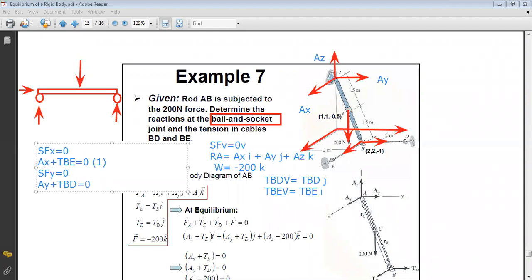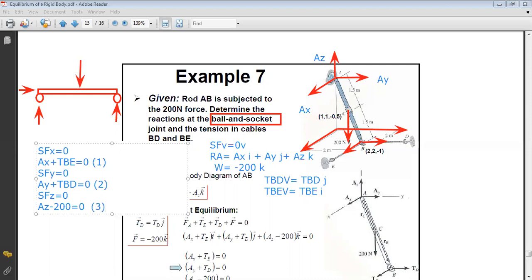This is my equation number 2. Now my third equation is along Z. Sum of forces along Z equals 0. So I will write AZ, and I have the weight, which is minus 200, equals 0. This is equation number 3.